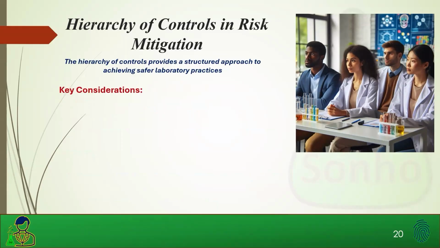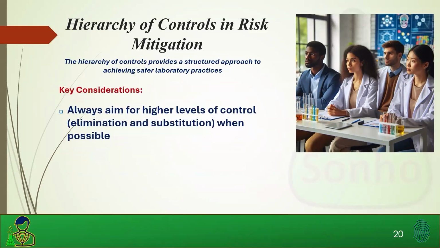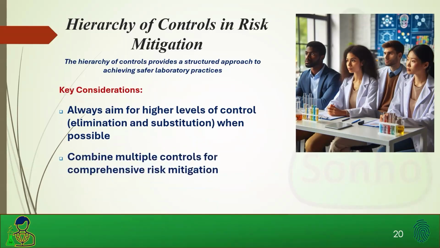Some key considerations. Always aim for higher levels of control, elimination, substitution when possible. So always target the higher up the hierarchy, the better the risk mitigation is. And try to combine multiple controls for comprehensive risk mitigation. You can combine PPE, administrative controls, engineering controls, as well as substitution.